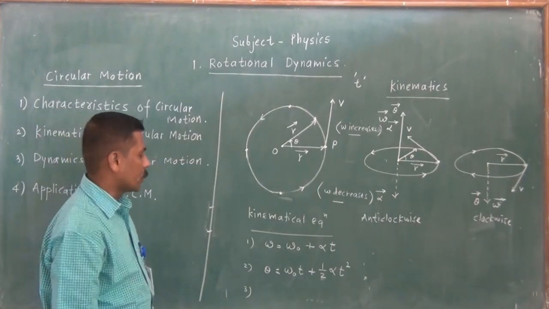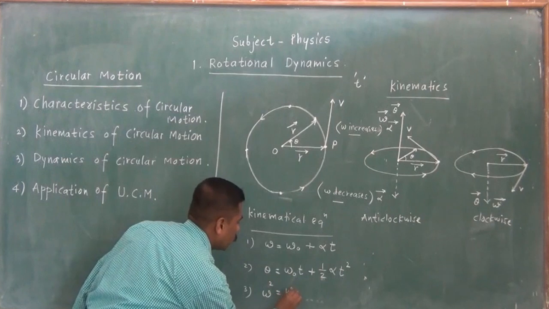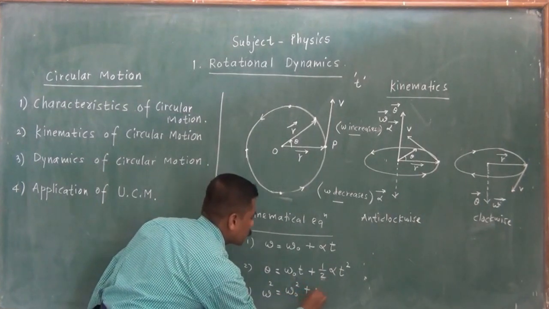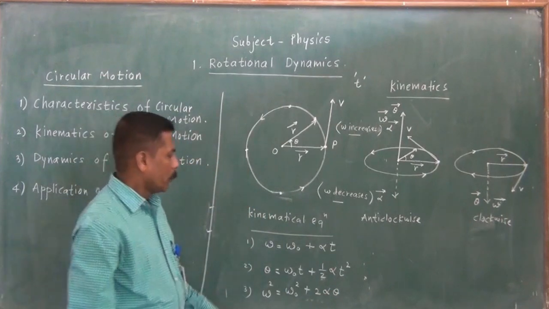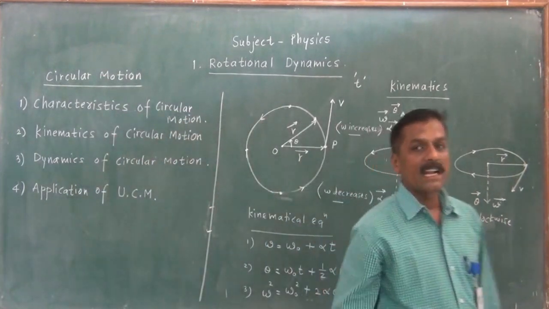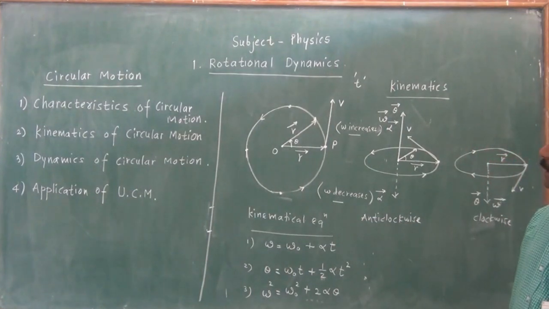The third equation is v square is equal to u square plus 2as. So you will find these are the kinematical equations which can be obtained by considering the analogous terminology.